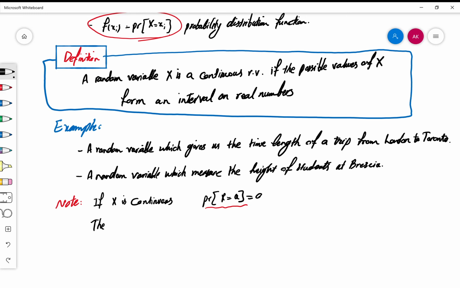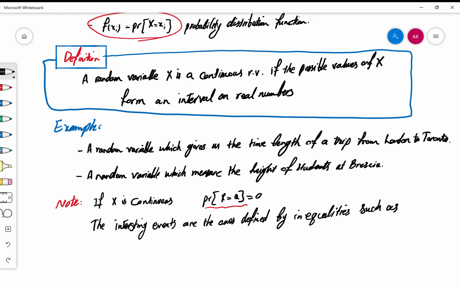The interesting events are the ones defined by inequalities, such as X between two numbers, or X less than, or equal to or less than, a number, or the probability of X being bigger than a number.